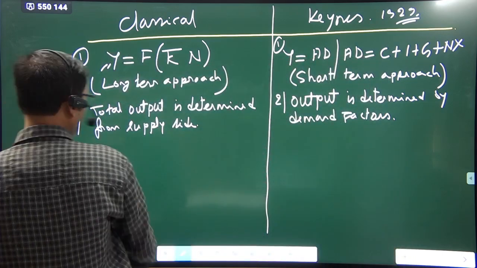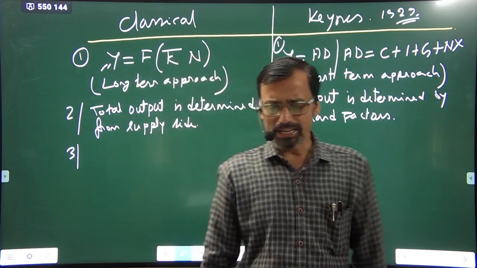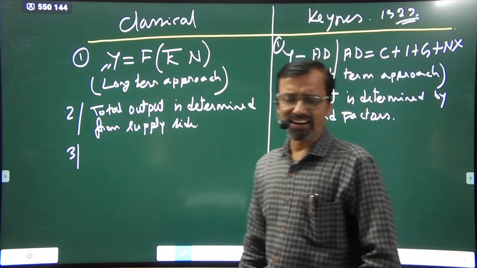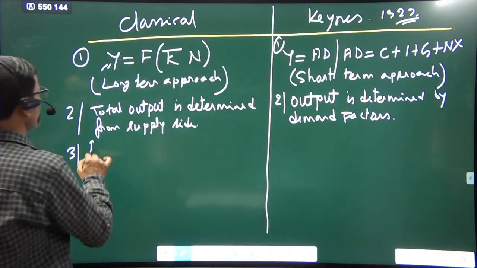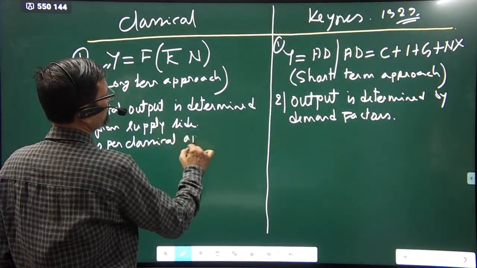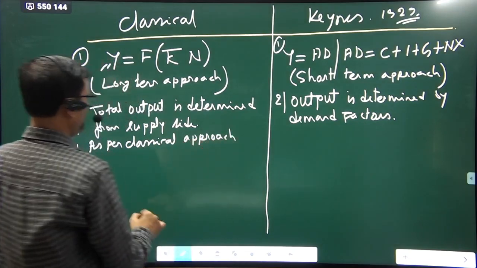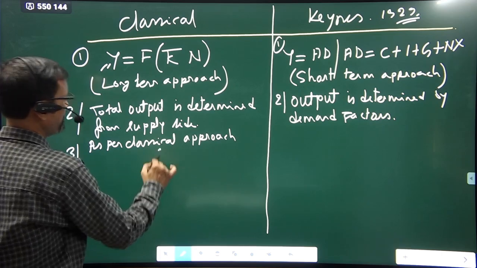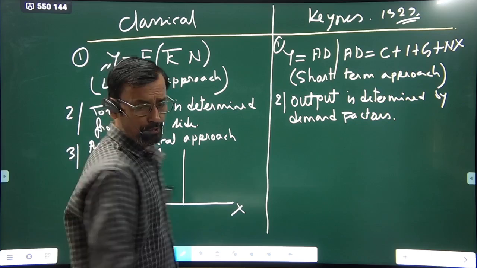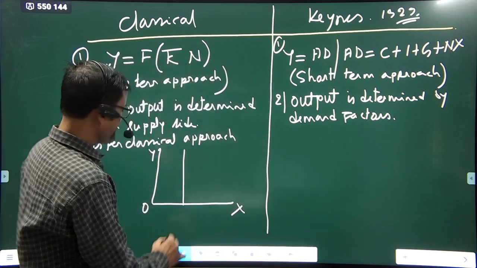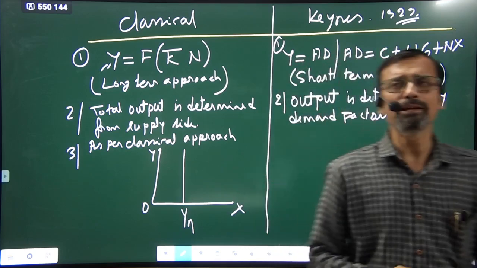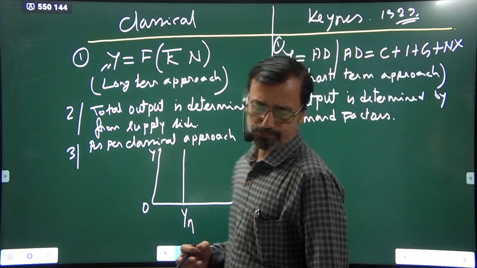Next, another thing we need to follow here: as per the classical model, the aggregate supply curve is vertical. A vertical curve means the economy is characterized by full employment.